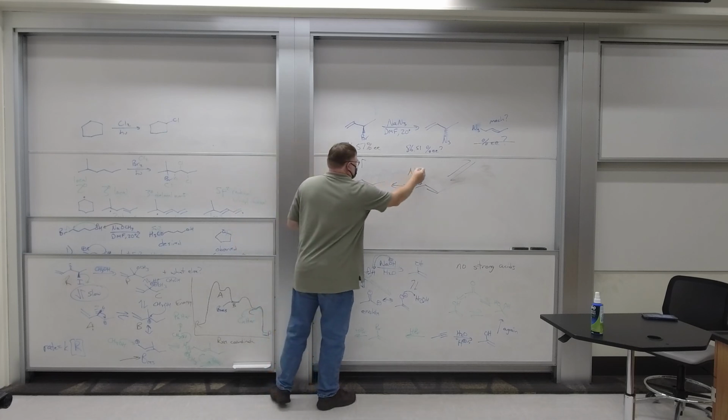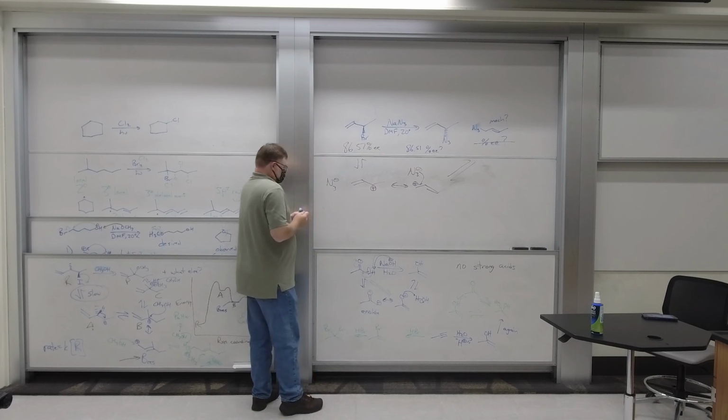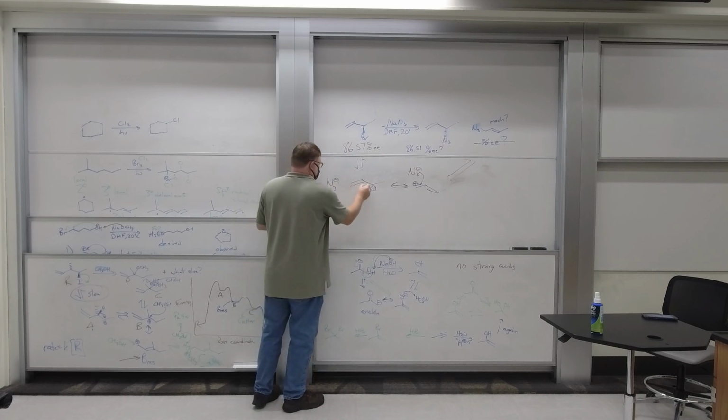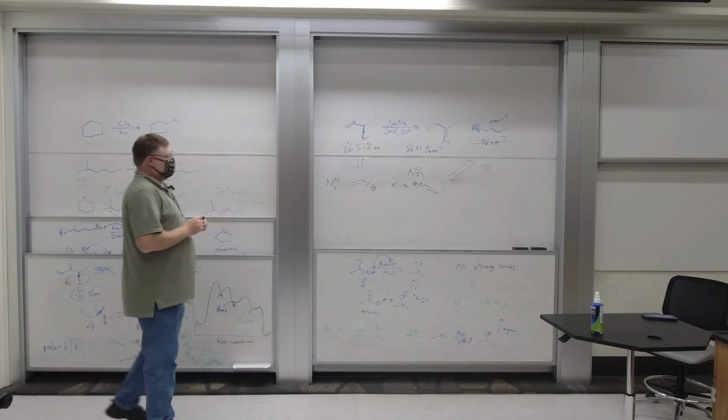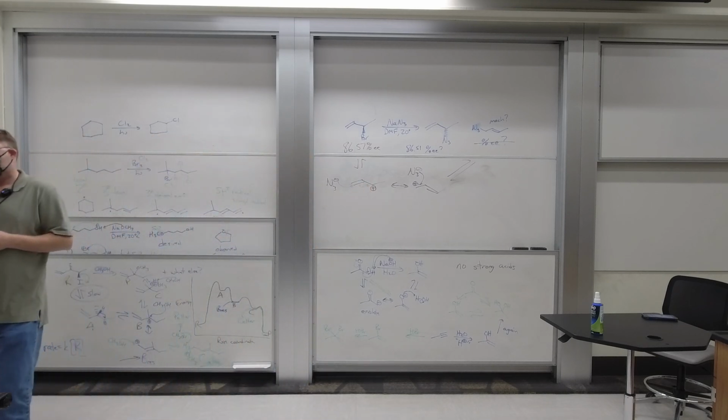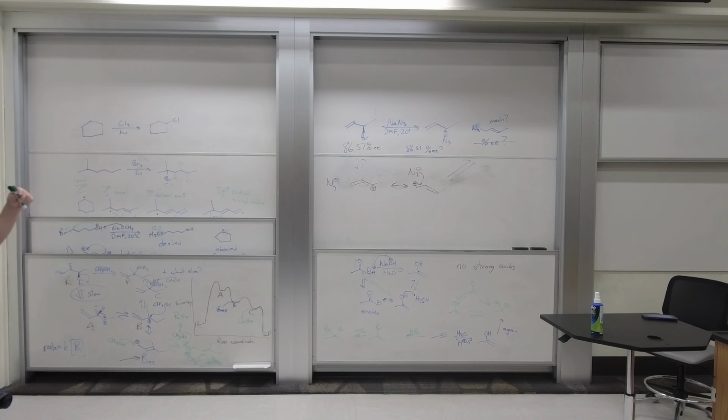Guess I should show a minus. You could draw this from either resonance structure. It just takes one more arrow from one of them. And given the information I've provided, that actually is fine. I think in the question, if I remember it right, I actually gave a rate law.